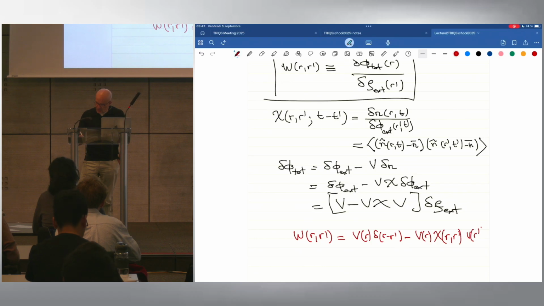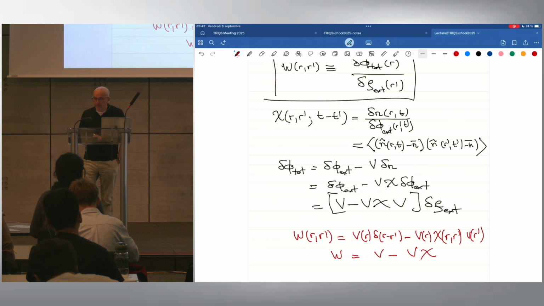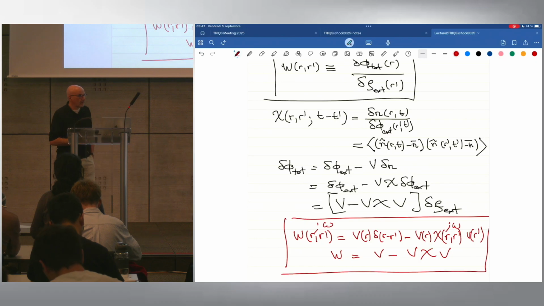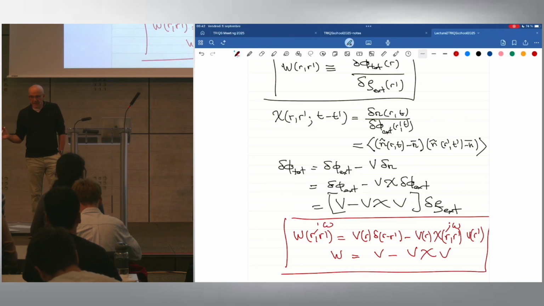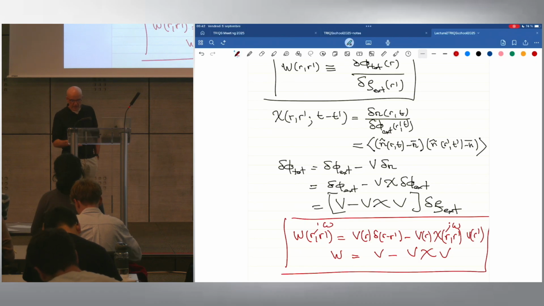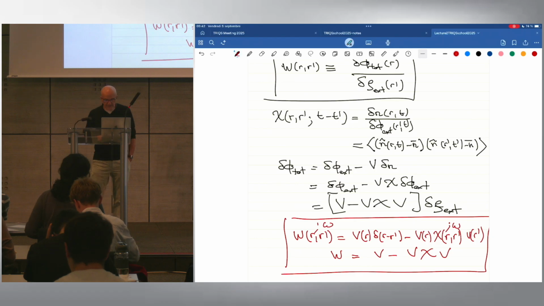Or if you want in shorthand, W equal V minus V chi V. And of course, I've forgotten to indicate that all this is a function of frequency. Not this guy, but chi of R prime omega is a function of frequency. Okay? So this time, it is an exact relation, W equal V minus V chi V.